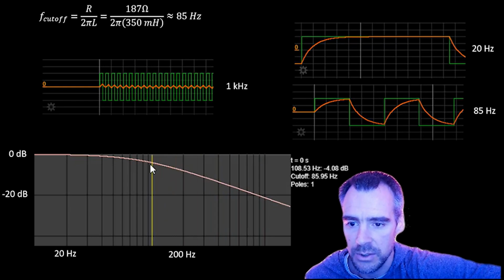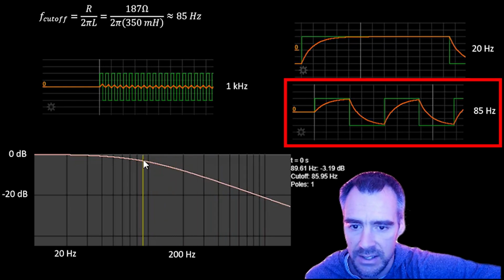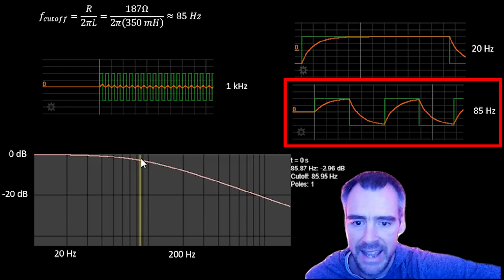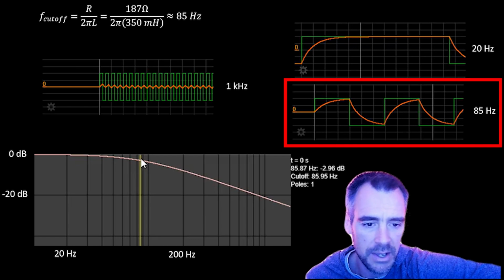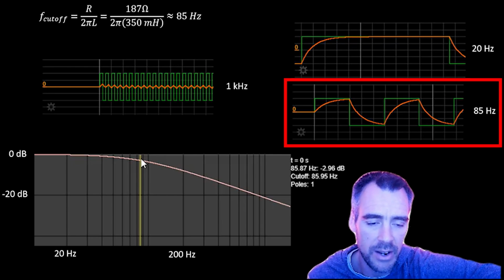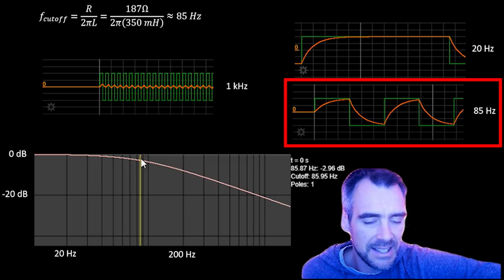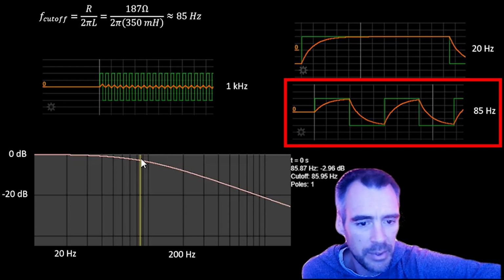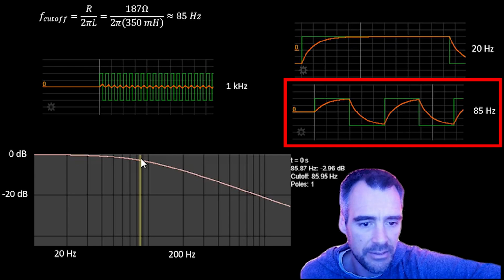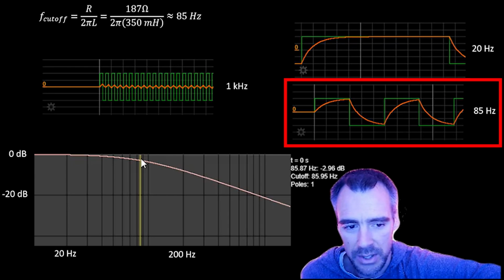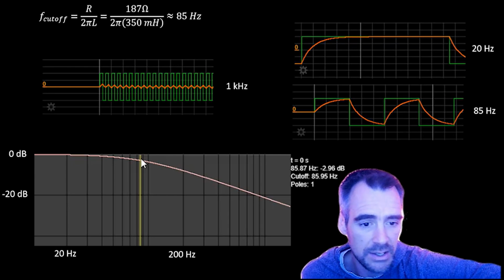If we go back to 85 hertz in this area somewhere, you see that we've got around negative 3 dB, and that's because the cutoff frequency was at around 85 hertz. So we're seeing that it's kind of passing it, kind of not. Probably not the best range to operate a filter like this because it's probably not doing what you want it to do.